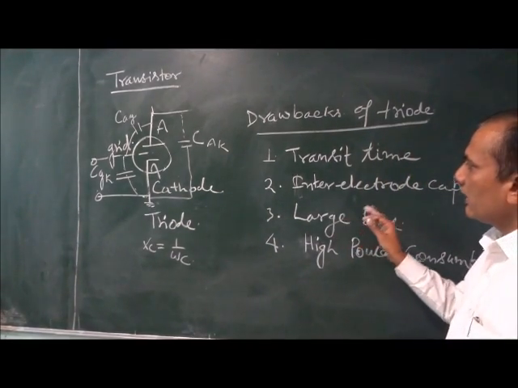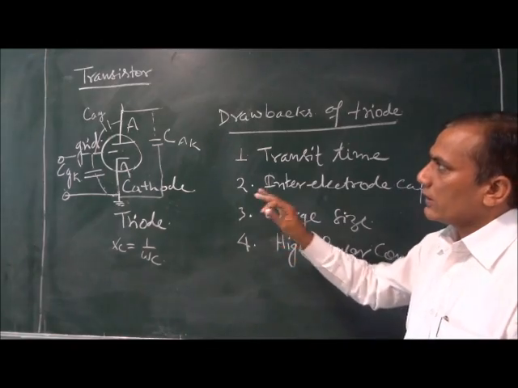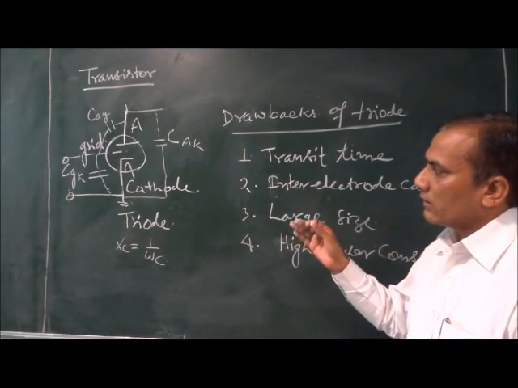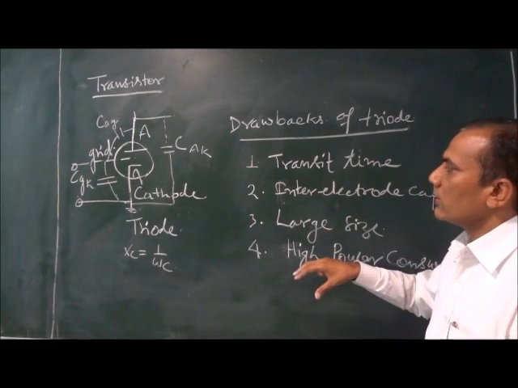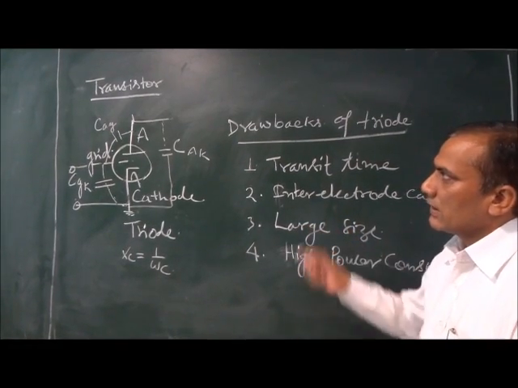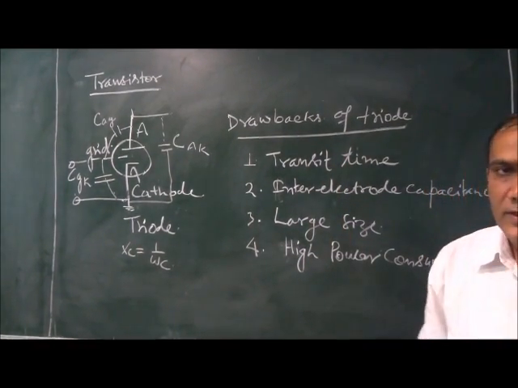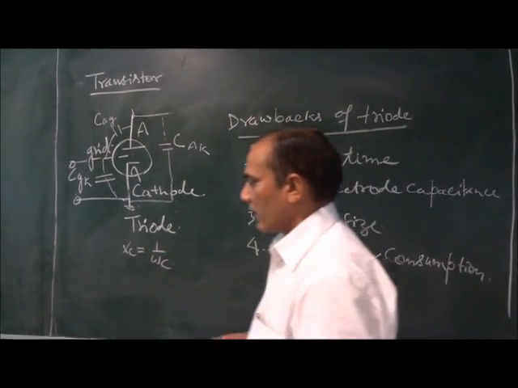So these were the drawbacks of the triode valve, and to overcome or reduce these drawbacks to some extent, the transistor, that is the semiconductor device, was designed.